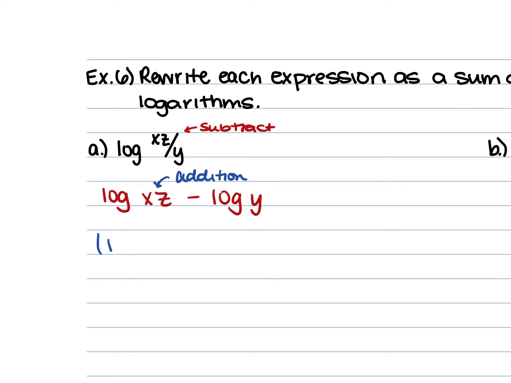So this is going to be log x plus log z minus log y. And you see that I put parentheses around the log x plus log z to represent that that's what was in our numerator to begin with. So you want to make sure that you use parentheses or brackets to represent the specific operation that's going first within all of the operations.